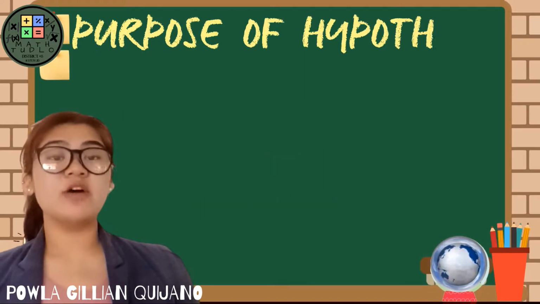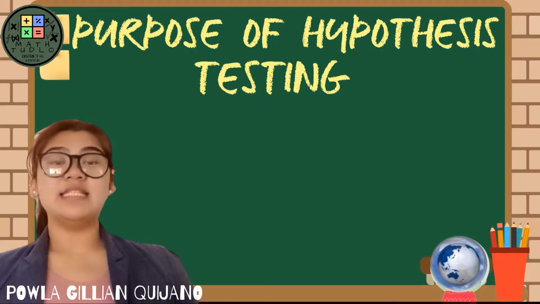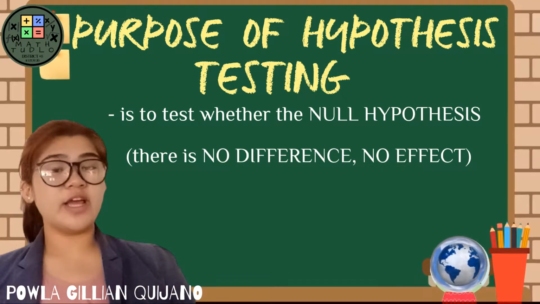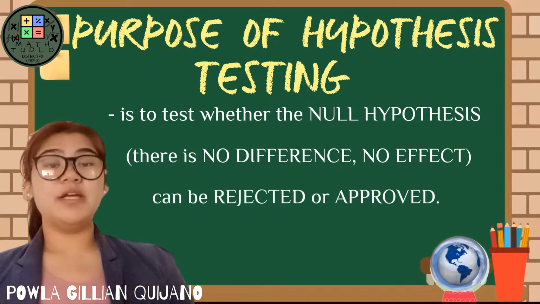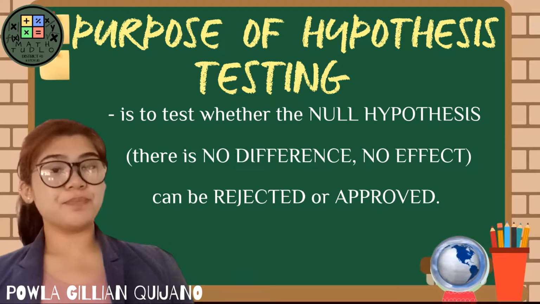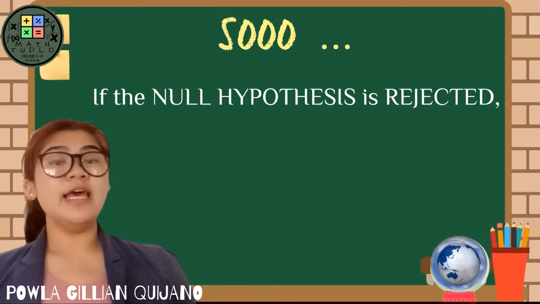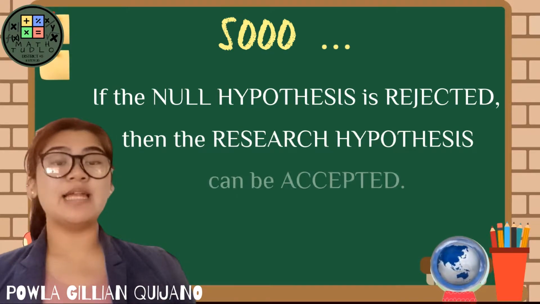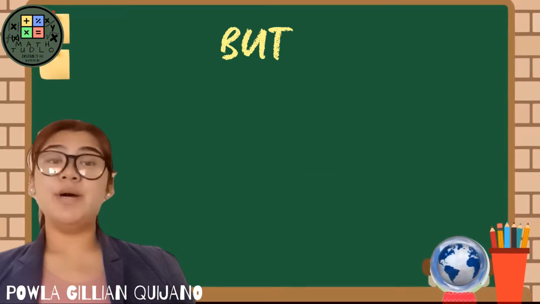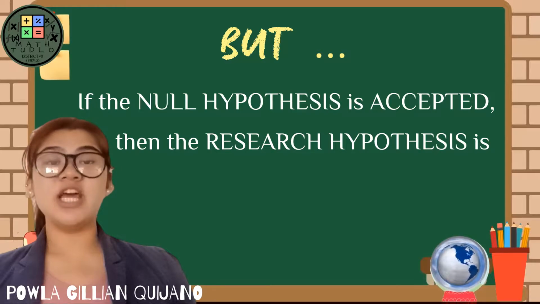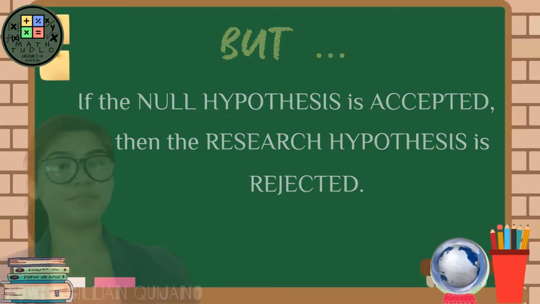The purpose of hypothesis testing is to test whether the null hypothesis, there is no difference nor effect, can be rejected or approved. If the null hypothesis is rejected, then the research hypothesis can be accepted. But if the null hypothesis is accepted, then the research hypothesis is rejected.